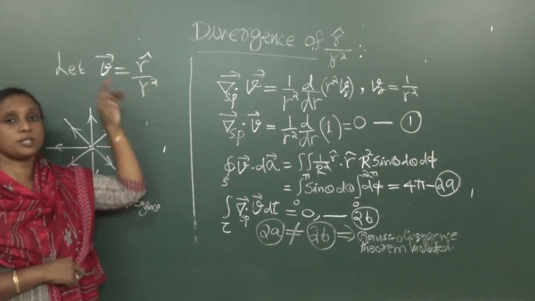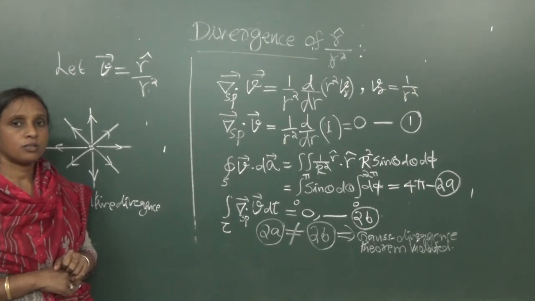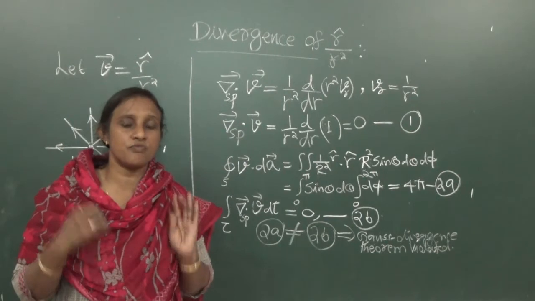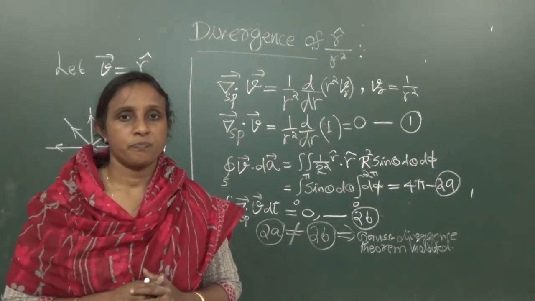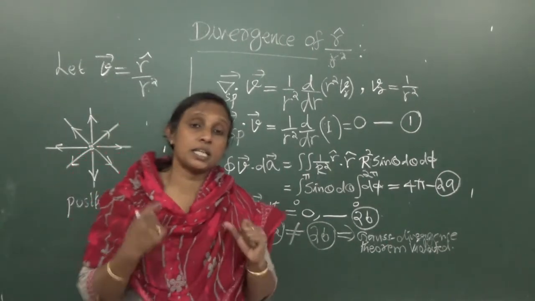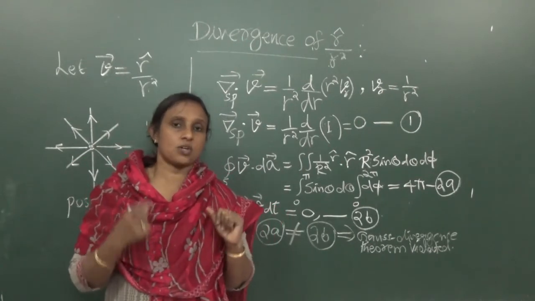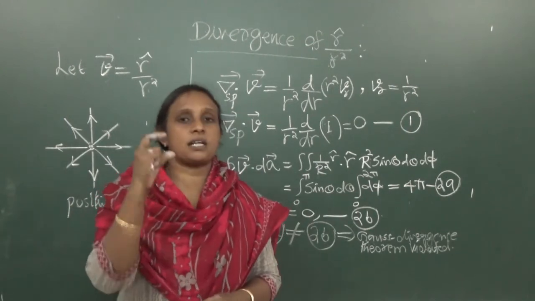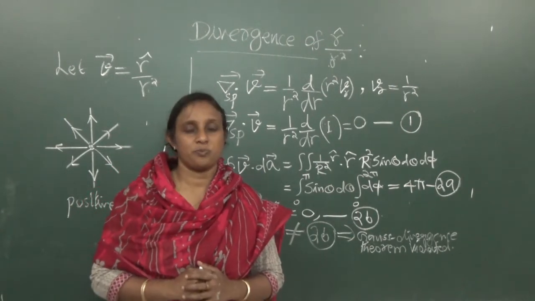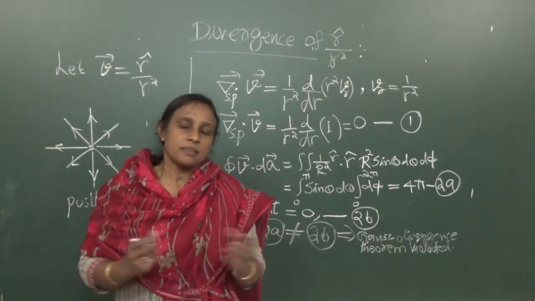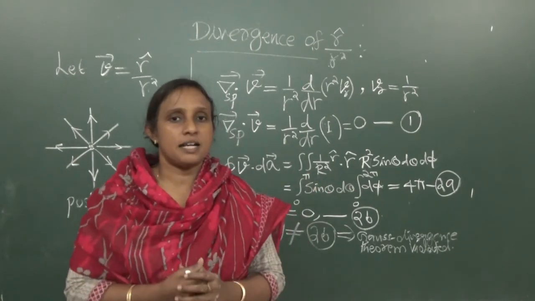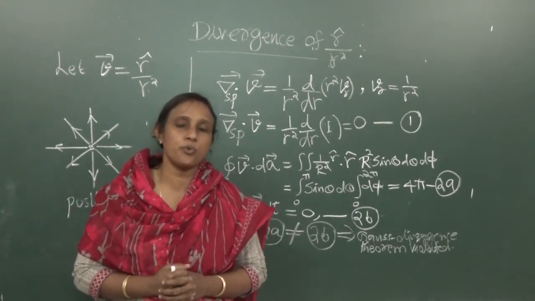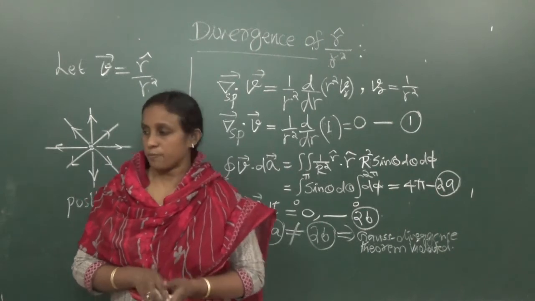Infinity. 1 by 0 means infinity. Okay? So, at r equal to 0, the given function v blows up. The divergence of r cap by r square is 0 except at r equal to 0. That is the discrepancy. The entire contribution to the divergence comes from the single point at r equal to 0. Okay?